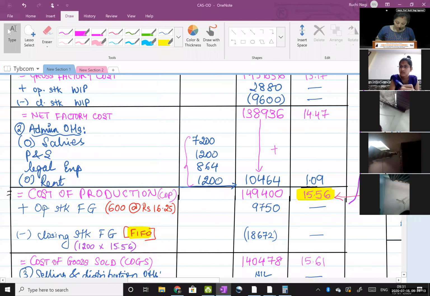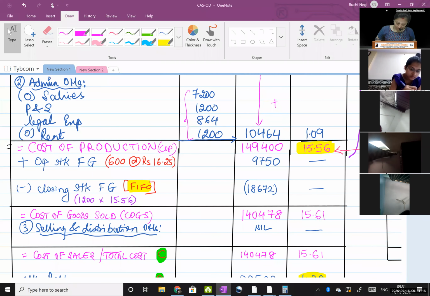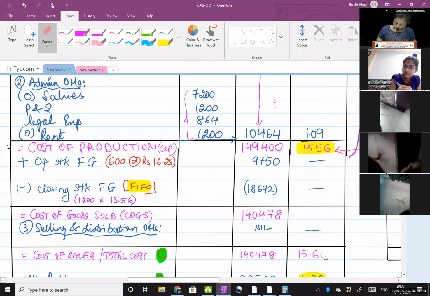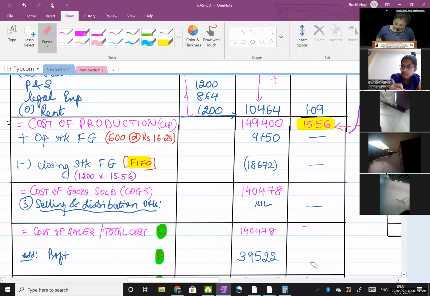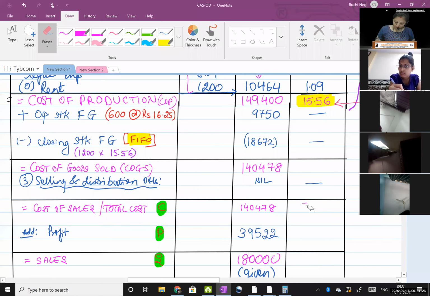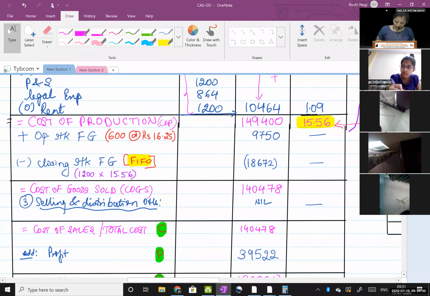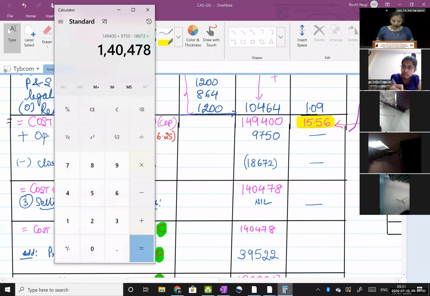The cost of goods sold, and then comes total cost. Cost of goods sold, 1,40,478. See this answer.